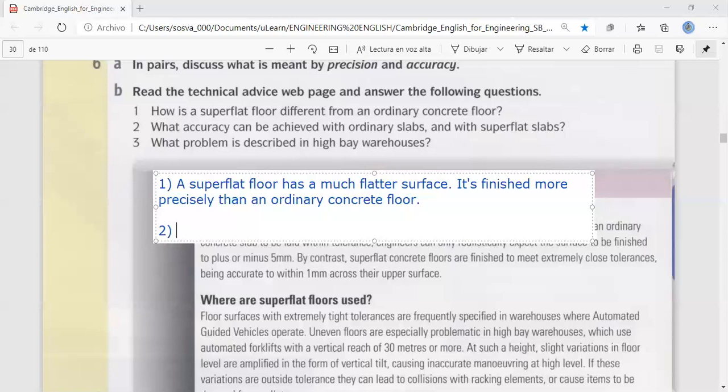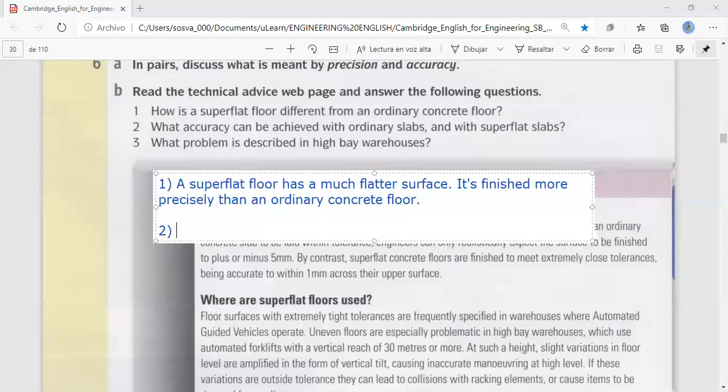If you remember the first paragraph, they mentioned millimeters. So 1 millimeter goes for the super flat slabs, and the accuracy in an ordinary one is 5 millimeters.